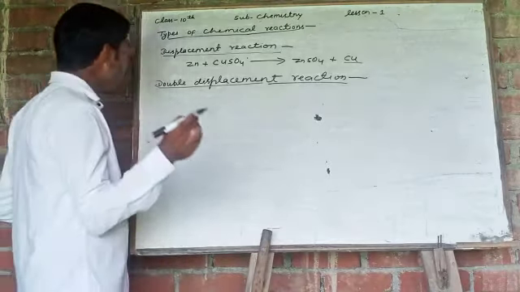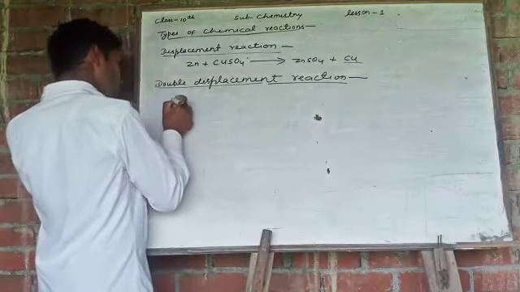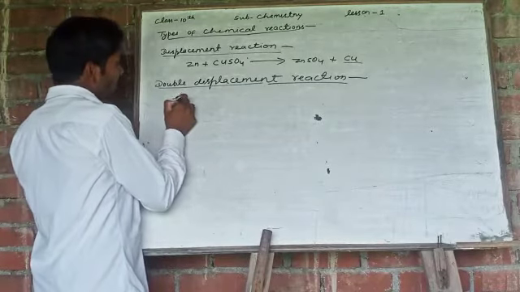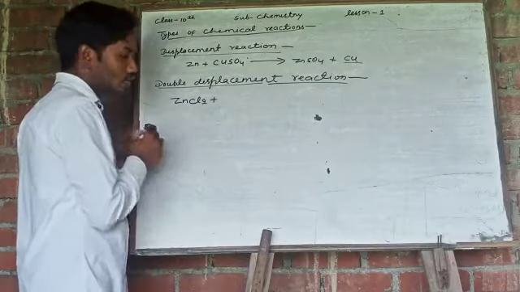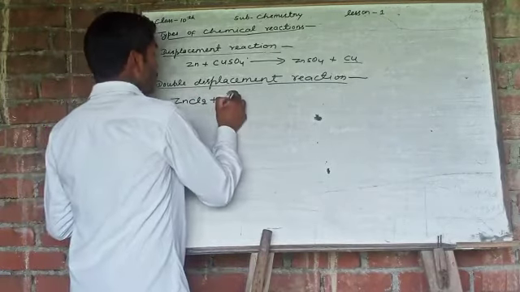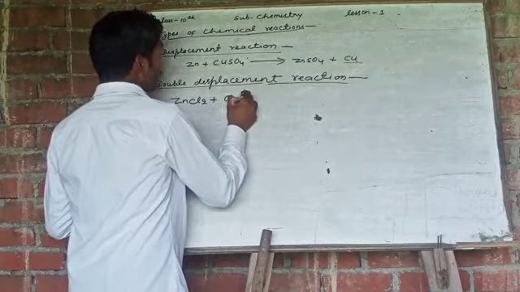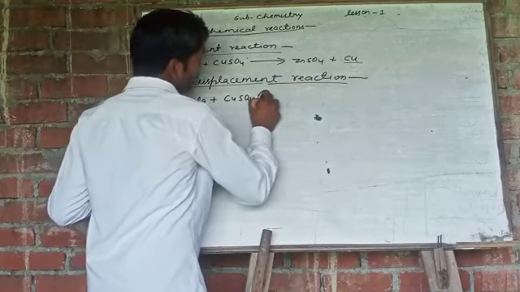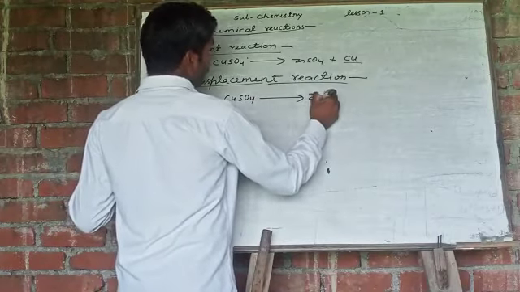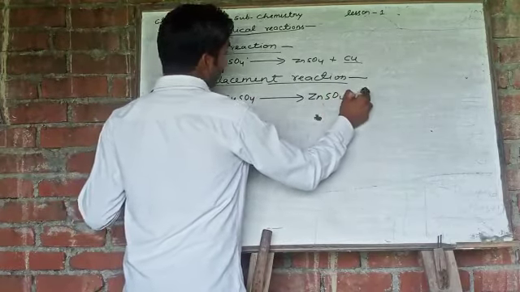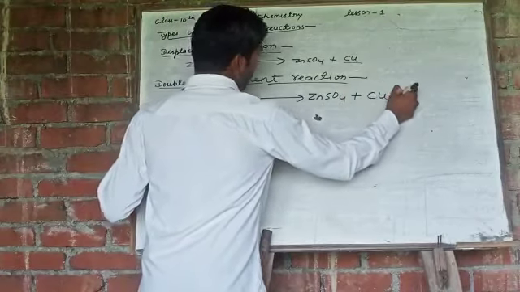So for example, here we can write ZnCl2 plus CuSO4. It forms ZnSO4 plus CuCl2.